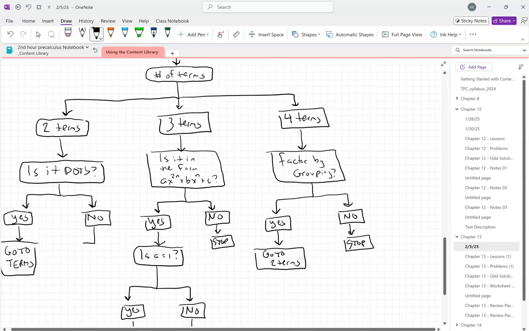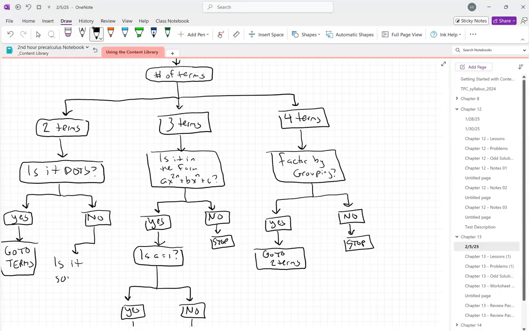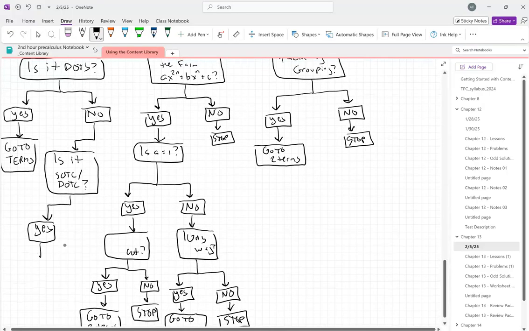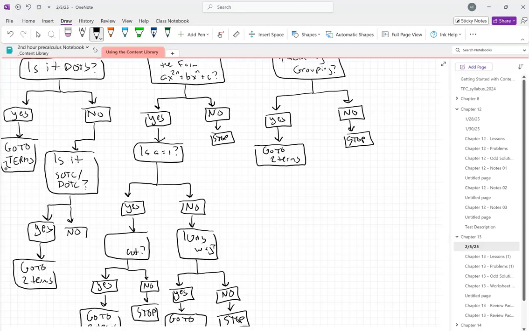If it's no, then you have to check, is it a sum of two cubes or a difference of two cubes? If that's yes, then again you have to go down that two-term branch. If it's no, then you stop. There's nothing more to do.